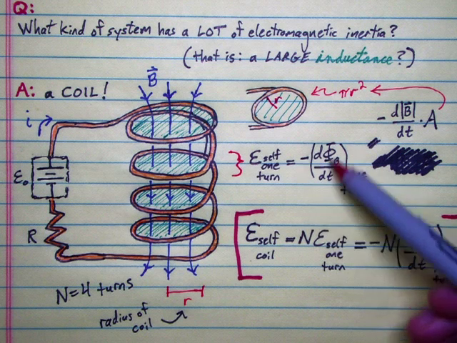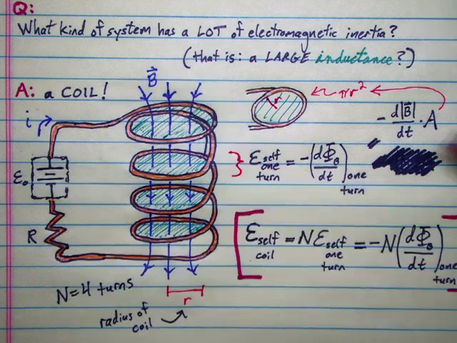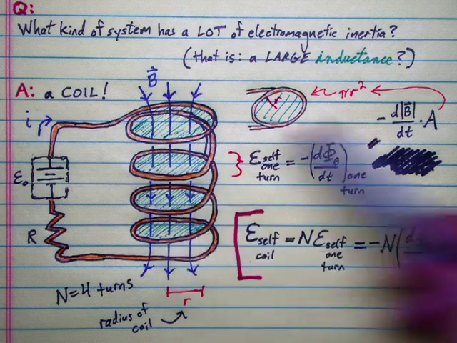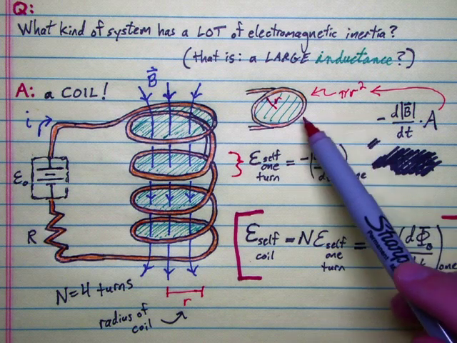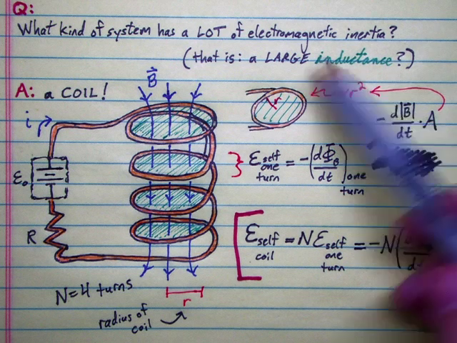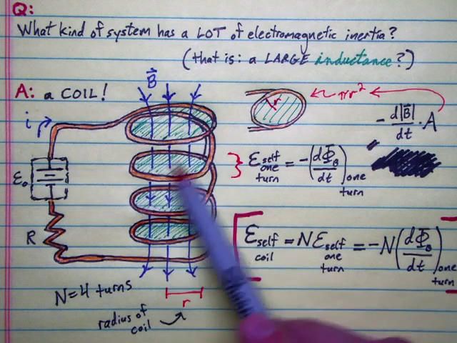So minus d phi B dt through one turn would be equal to the opposite of the rate of change of our magnetic field, which we know is due to the rate of change of the current, times the area enclosed by one turn. That would be the cross-sectional area of our cylindrical solenoid, pi r squared.